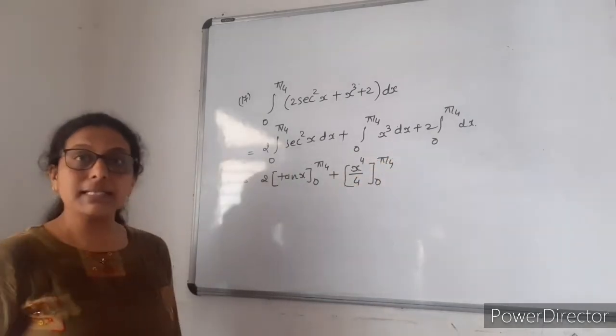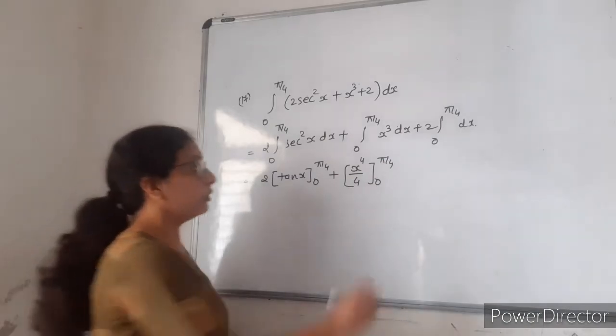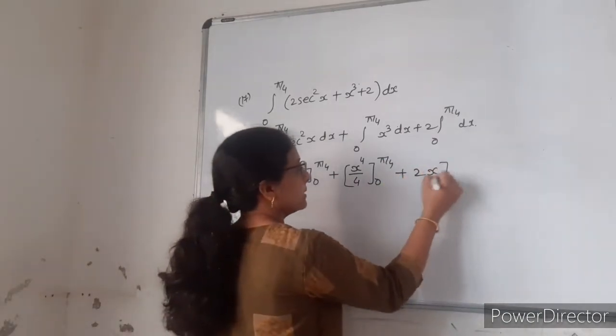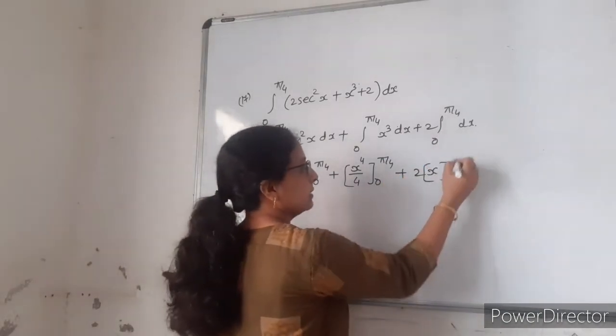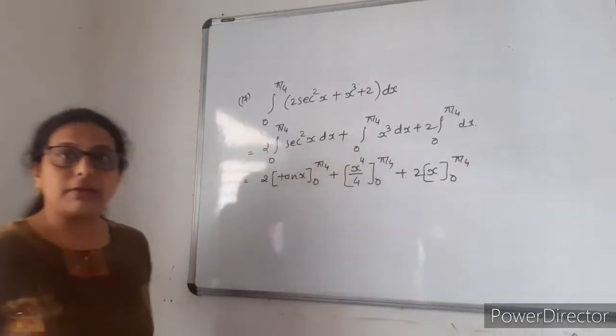The integration of x cube is x raised to 4 by 4, plus 2x, since the integration of 1 is x, from 0 to pi by 4.